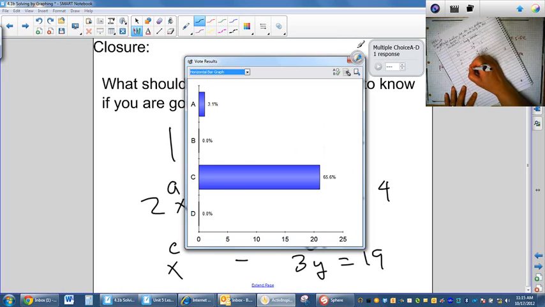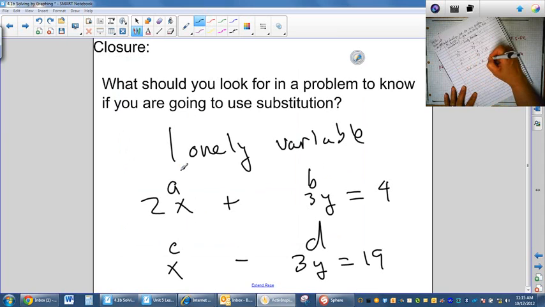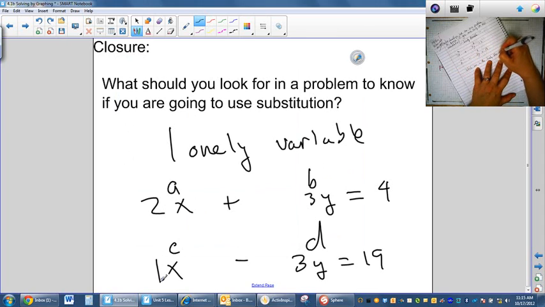We have one person say A, everybody else says C. C is the lonely variable, right? There isn't anything next to it, nothing other than 1.